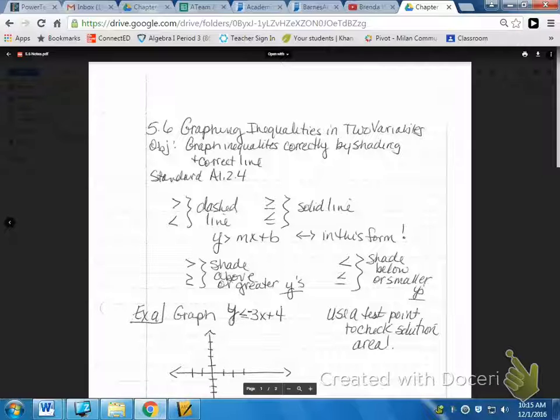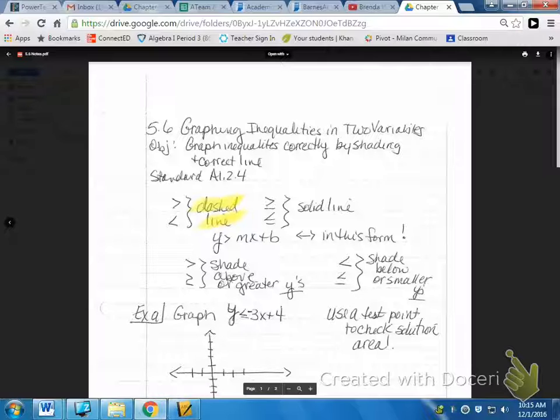So if you come up with a greater than or less than, that is merely a dashed line. It's simply a border. The line isn't included. It's greater than that line, or it's less than that line. It's not part of the line. The line is not part of the solution.